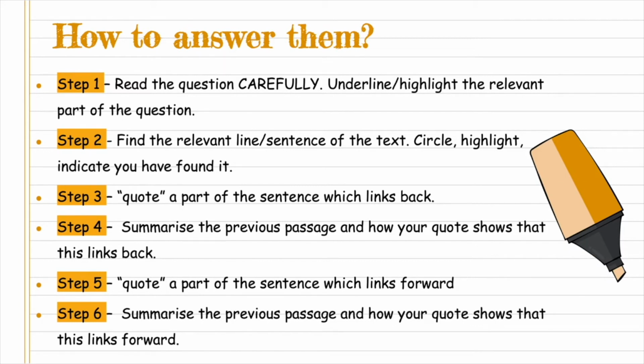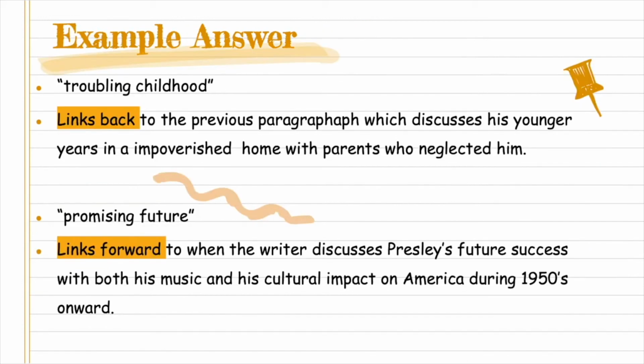We're going to go through what an example answer may look like now. This is what an example answer for National 5 may look like. As you can see, there are 4 bullet points. These 4 bullet points are equally split into 2. This is where you will receive your 2 marks. So the first 2 bullet points. Troubling childhood is a quote from the sentence, which is a linking sentence, and we say how this links back to the previous paragraph, which discusses his younger years in an impoverished home with parents who neglected him.